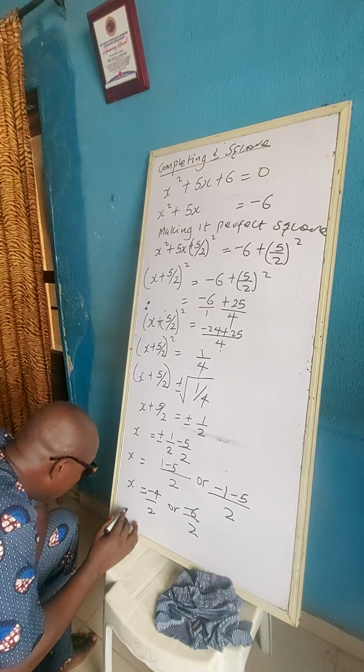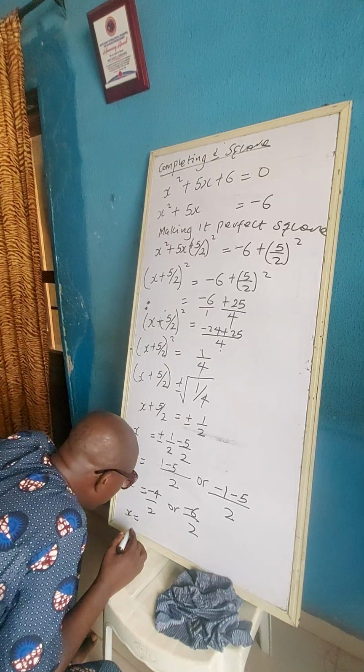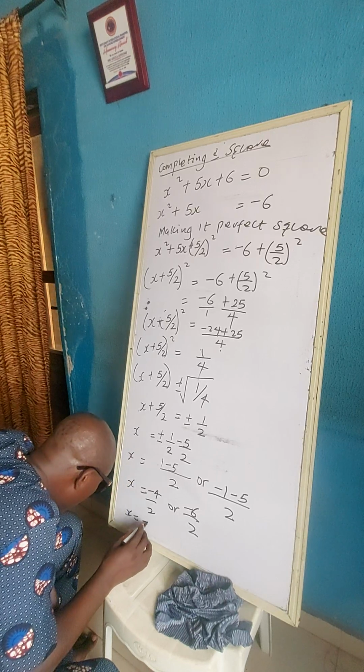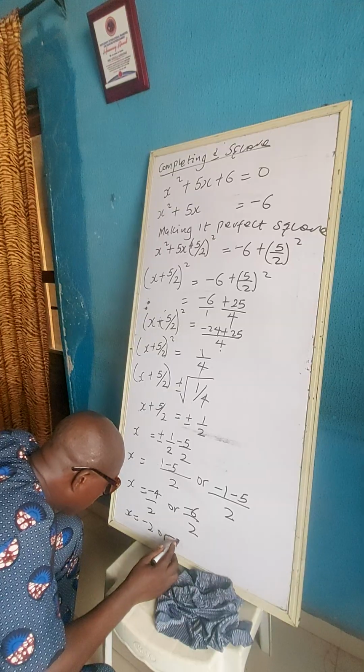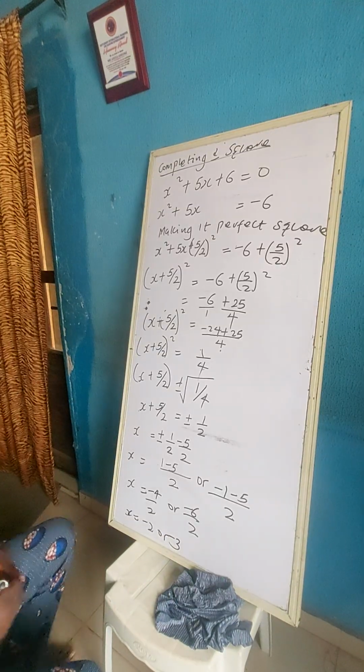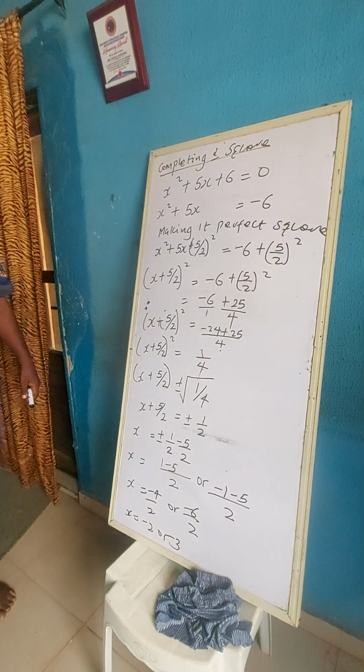When you divide, it becomes x equal to minus 2, or minus 3. You'll see when you look at it, we got the same answer.